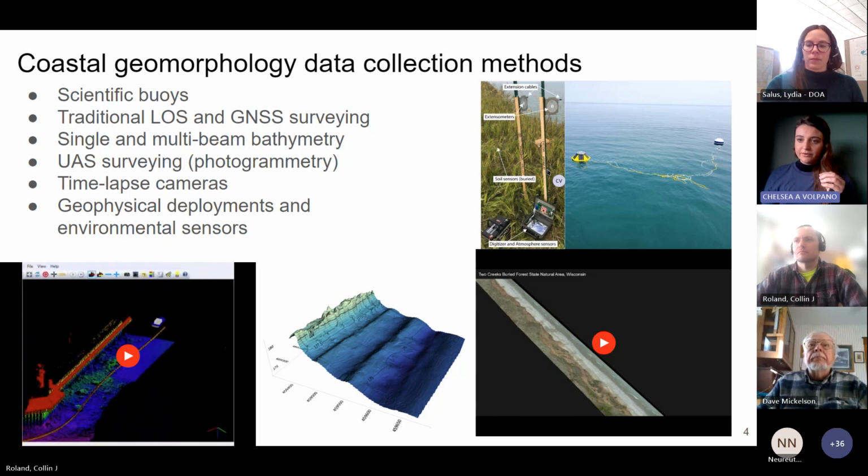So it extends out a cable, and when that bluff fails, we can get some information on how that landslide is occurring and how long it took to actually fail. So those are just some of the methods that we use for collecting coastal data and investigating some of these processes.